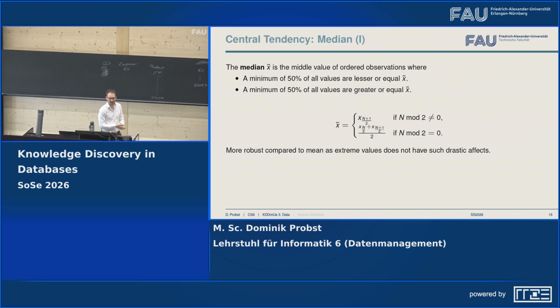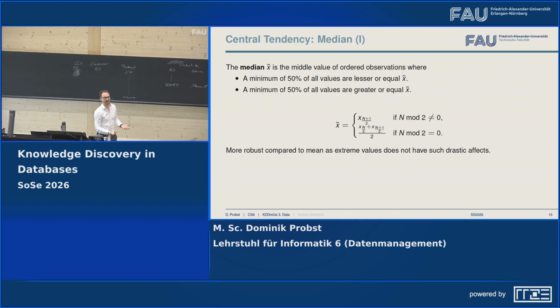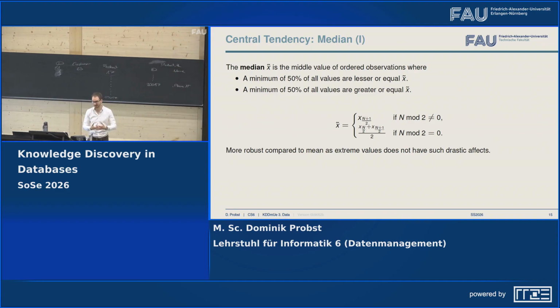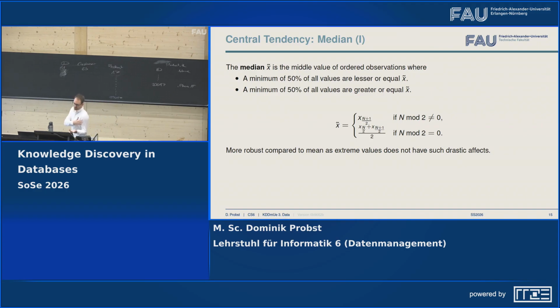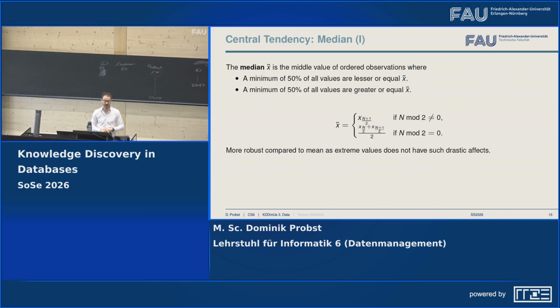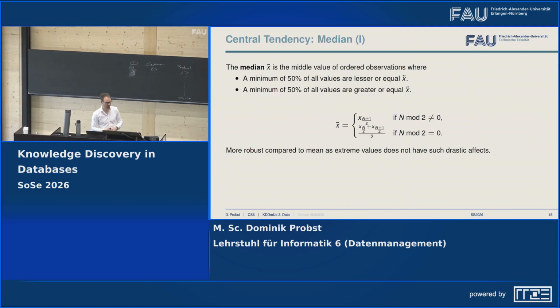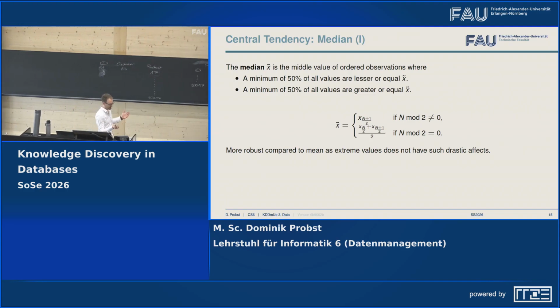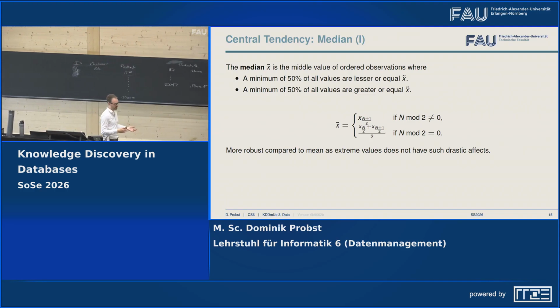The median is more robust to extreme values and outliers than the mean. However, in some cases we might end up with the same value, and in most cases we end up with different values for mean and median. We will have a picture for these 2 things and the impact on central tendency later.